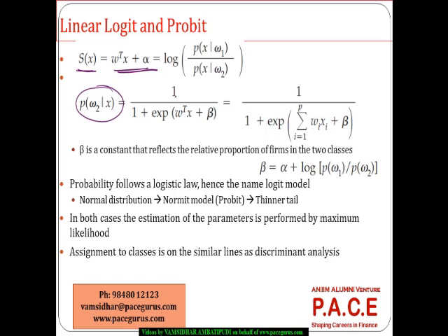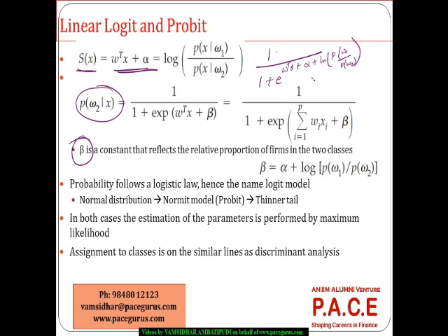Here I can make an assumption that beta is a constant, which talks about the relative proportion of the firms in the two classes, because if I do this, all I am ending up with is 1 by 1 plus e to the power of W transpose X plus alpha plus log P of omega 1 divided by P of omega 2.